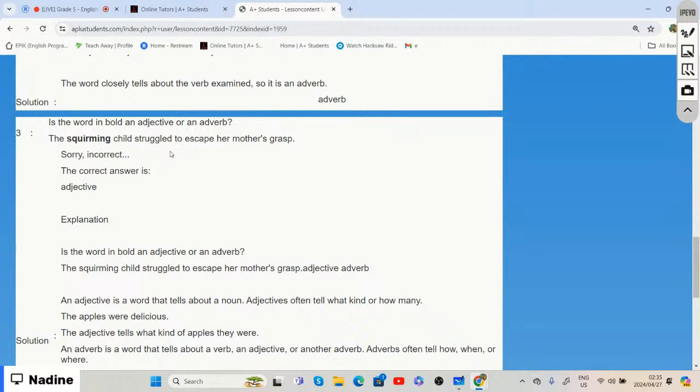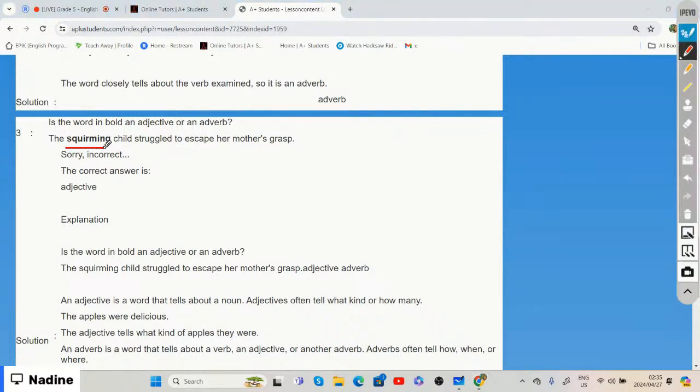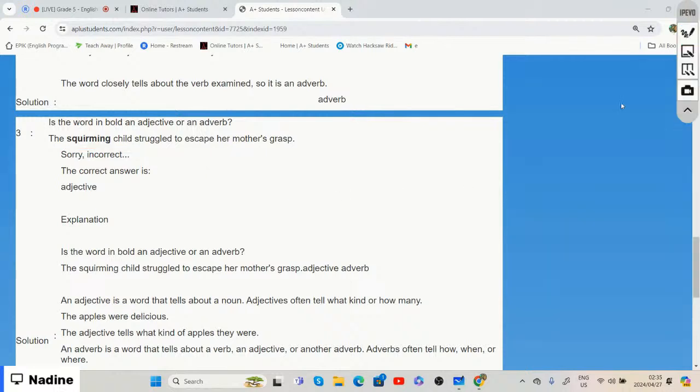Look at the word in bold. Squirming. Is this an adjective or an adverb? The squirming child is an adjective. It's an adjective because it tells us more about the child. It tells us more about the noun.